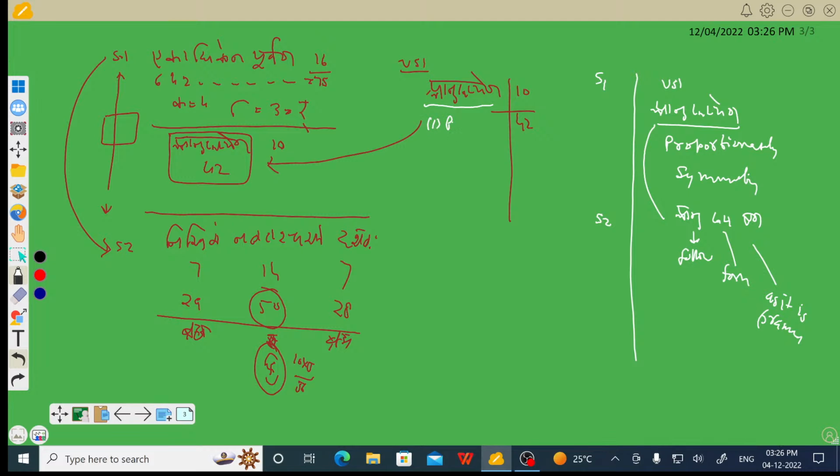Number 1 is proportionately. So when Sutra 1 says 1 more than before, that means when proportionately we see, we can have 2 more than the previous one, or we can have n more than the previous one. So it is the mathematics of reaching from 1 to 2 to 3 and so on.